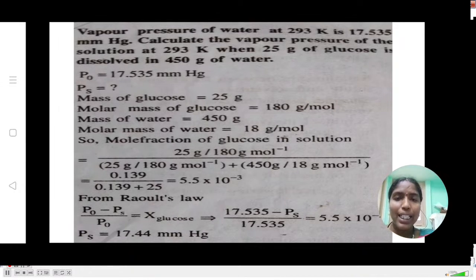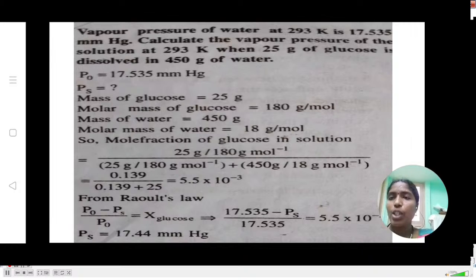By calculating the mole fraction, we find the vapor pressure of the solvent by using Raoult's law. Again I repeat. First we write the data given in this problem. P0 is equal to 17.53 mm of Hg. PS, vapor pressure of the solvent, we are calculating.